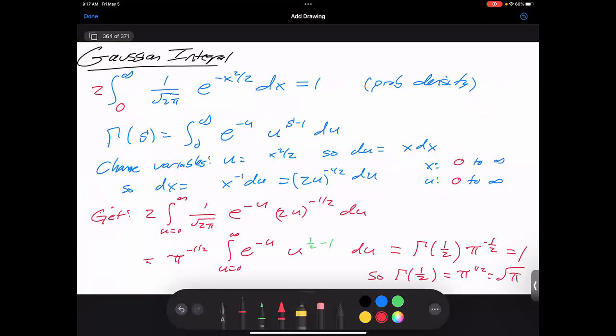What this means is just because something has an interpretation in one part does not mean that interpretation continues. When I'm putting in a positive integer, gamma of n plus 1 is n factorial. It's the number of ways to order n objects. This is not the number of ways to order -1/2 of a person. That doesn't make any sense. So always be careful about pushing something beyond the range where it makes sense.